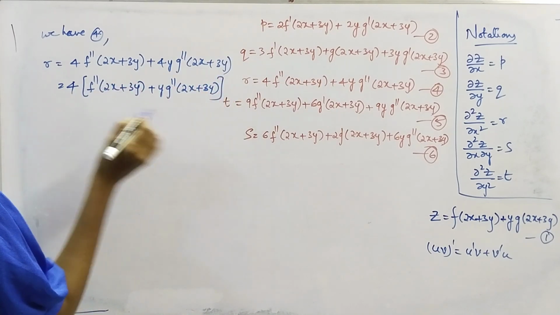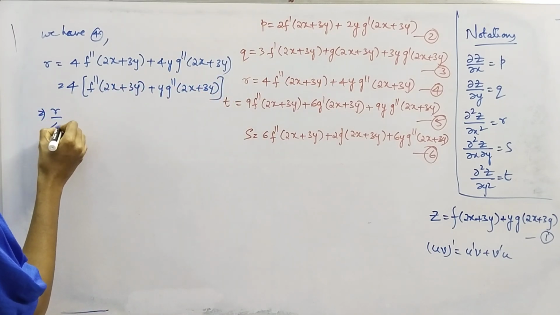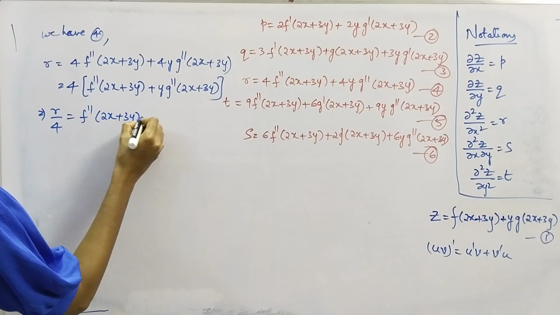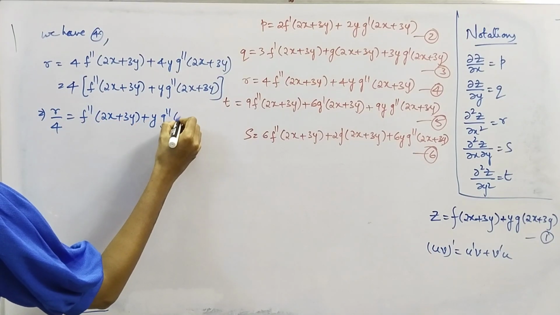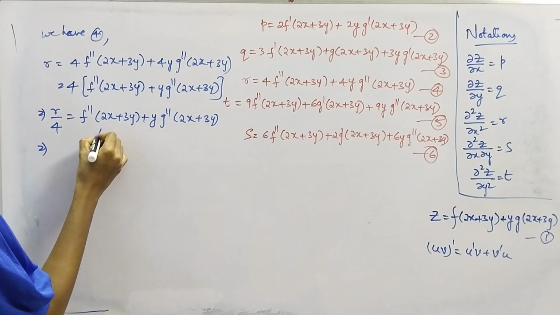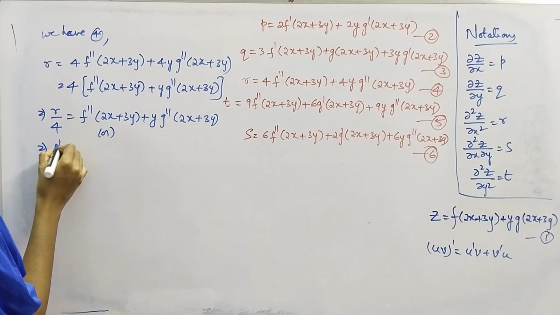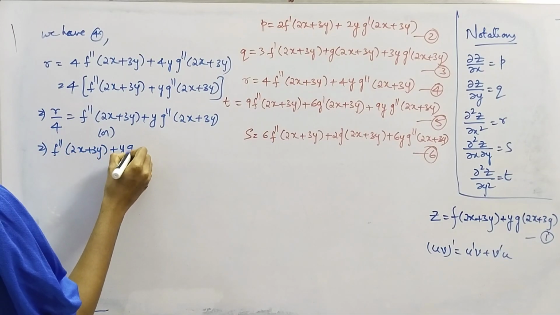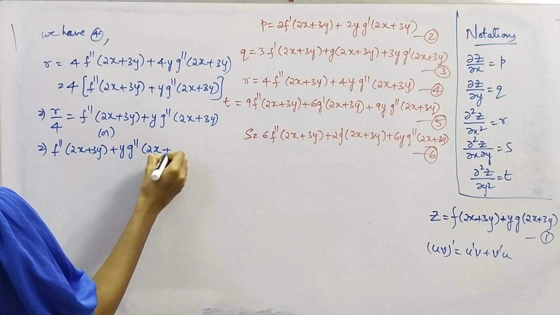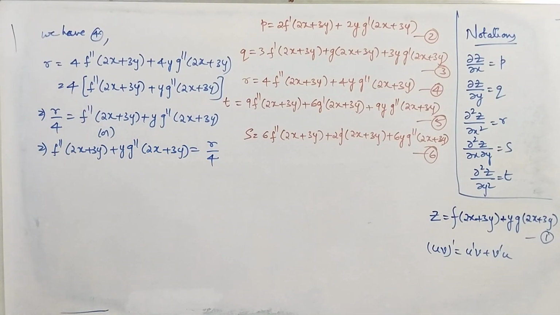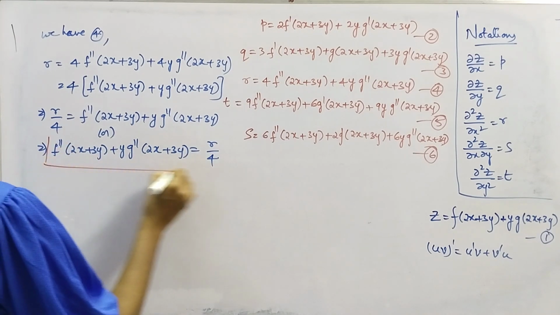Now divide both sides of the equation by 4. You'll get r by 4 equal to f double dash of 2x plus 3y plus y into g double dash of 2x plus 3y, right? From this we can write the same thing as f double dash of 2x plus 3y plus y into g double dash of 2x plus 3y equal to r by 4, right?